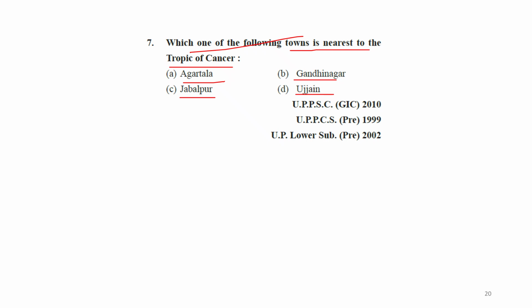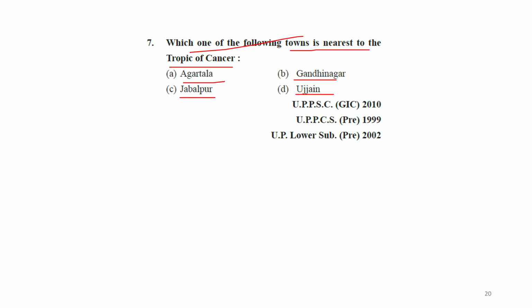Those who are watching, just open whatever map you have, take a red color bold pen and draw the Tropic of Cancer and Tropic of Capricorn on your map, and see which states it is passing through and what cities or states are nearby. If you do this task, you are definitely not going to miss any question based on the Tropic of Cancer or Tropic of Capricorn. In this slide we are dealing with the Tropic of Cancer.